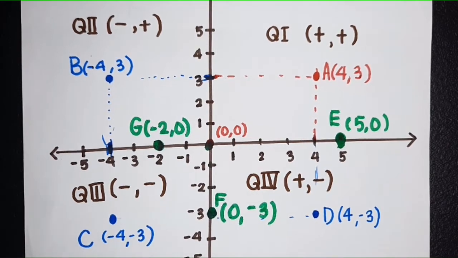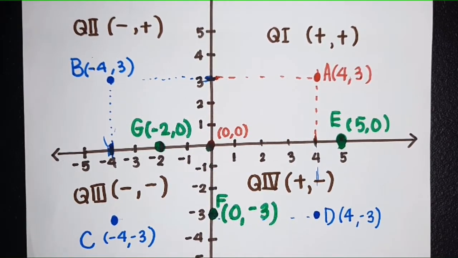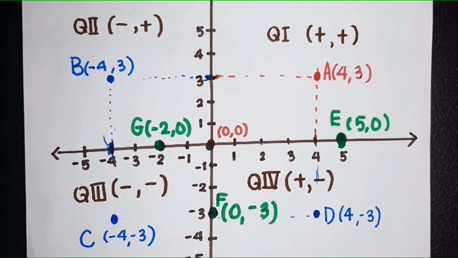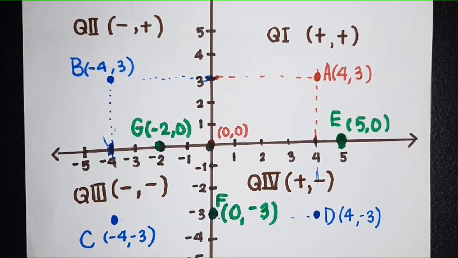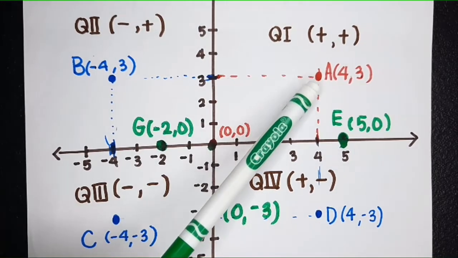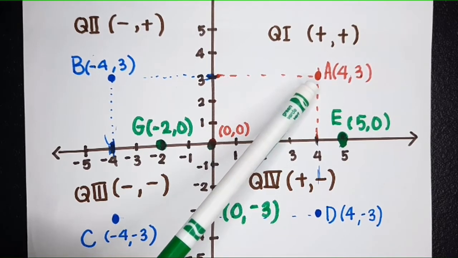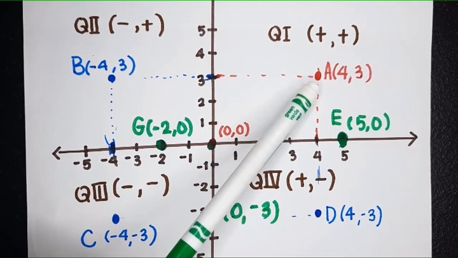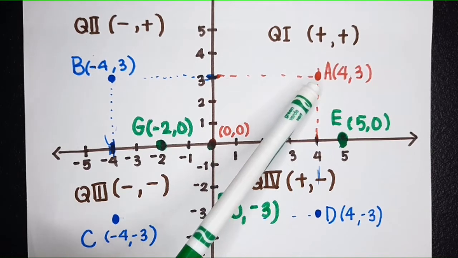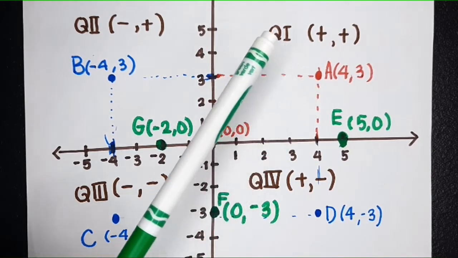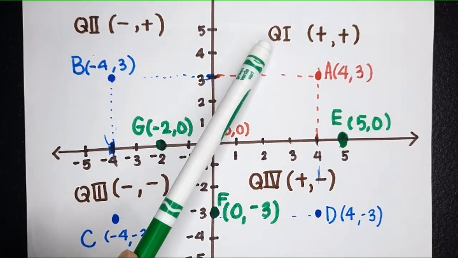Okay? So, what if tinanong kayo, what is the location of point A. Ano kaya ang tamang sagot? Okay? So, saan nyo ba makikita ang point A? Where is point A? Here. So, if you're asked to find the location of point A, the answer is, you can find point A in quadrant 1. Okay?